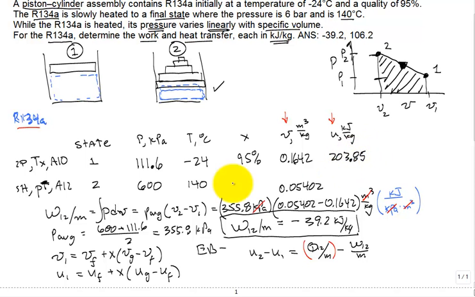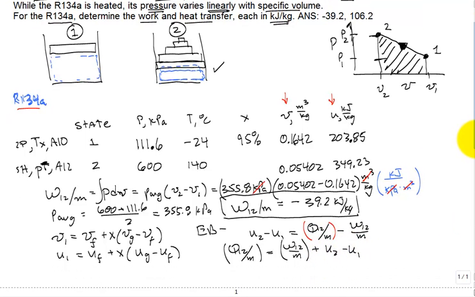And then you look at the same table A12, you just look over at the adjacent value close to V2 is U2, and so U2 comes in at 349.23. Both of those have kilojoules per kilogram. So the answer, Q1 to 2 per unit mass, is equal to, we bring that work to the other side, W1 to 2 per unit mass, plus U2 minus U1.